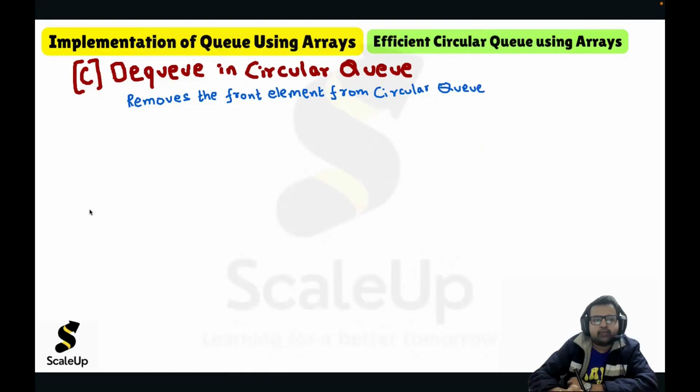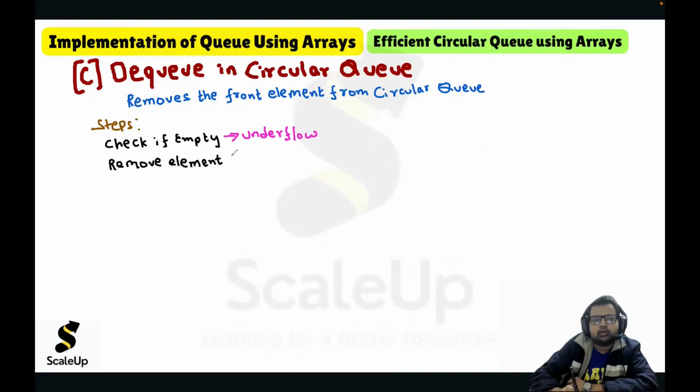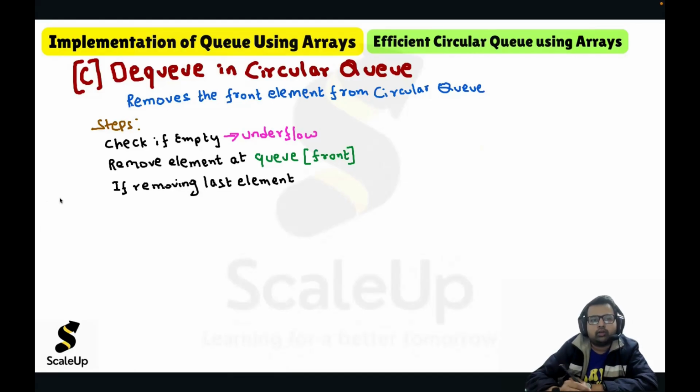If we look at the steps, first we have to check whether the queue is empty. If it is, then it will be underflow because we cannot remove an element from an empty queue. If the queue is not empty, then remove the element at queue front. If removing the last element, and how will we know about it? Because when you remove the last element, front and rear will become equal.